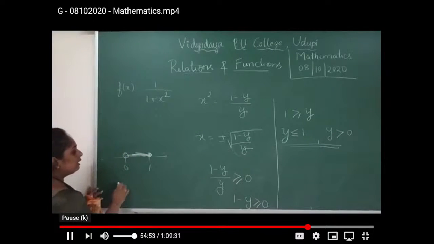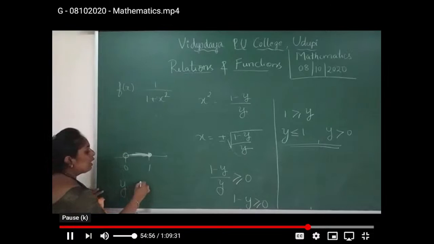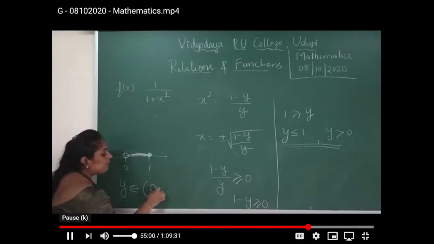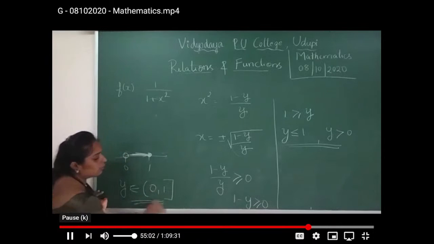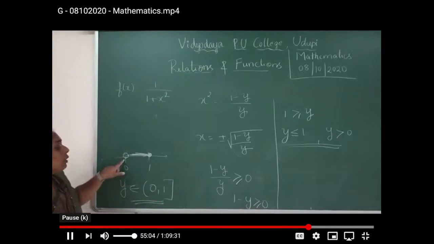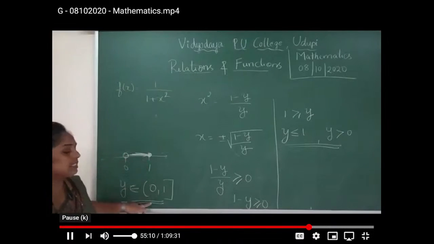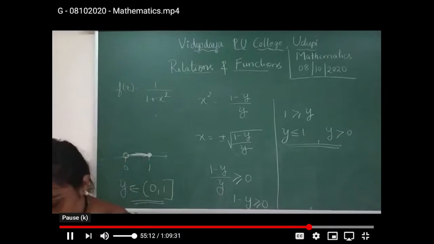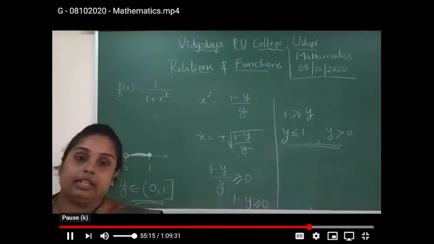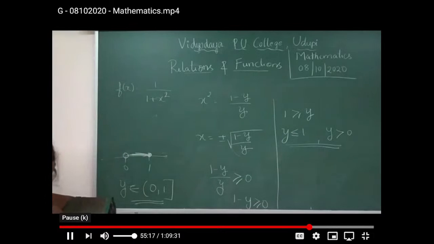Actually the range y belongs to the open interval 0, closed interval 1 is the answer. Not including 0 because greater than 0. Greater than 0 but less than or equal to 1 is the answer. Here option 4 is correct. Okay, option 4.